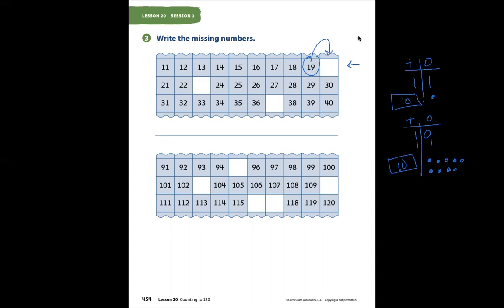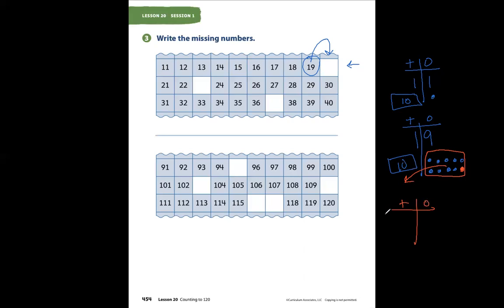If I add one more to the 9 ones, I no longer have 9 ones. I made another group of 10 and I need to move it over to the tens place. That means tens and ones.